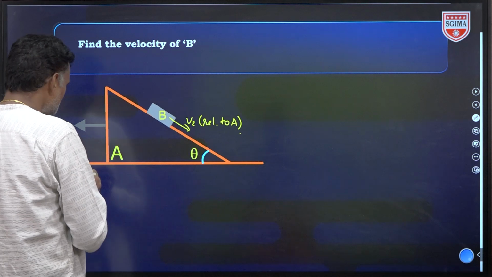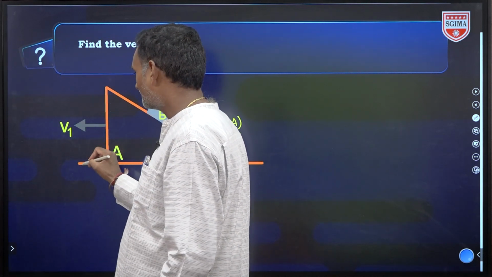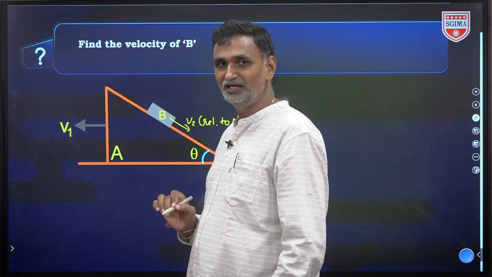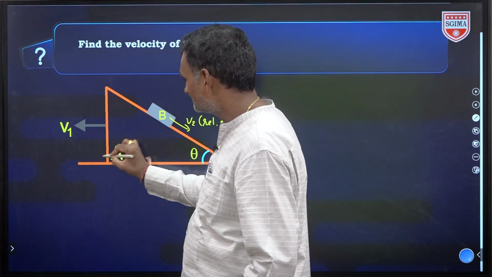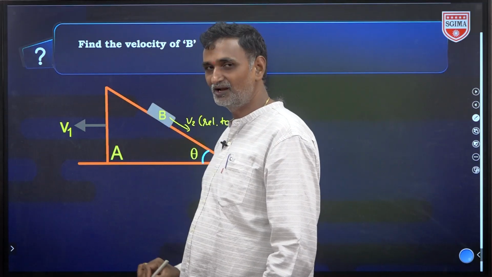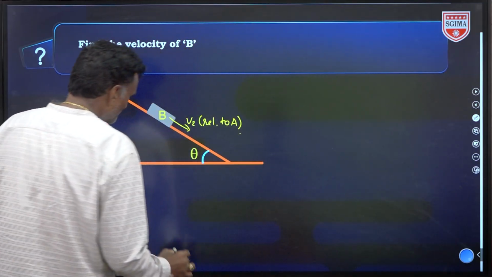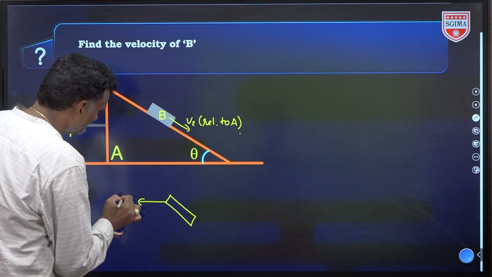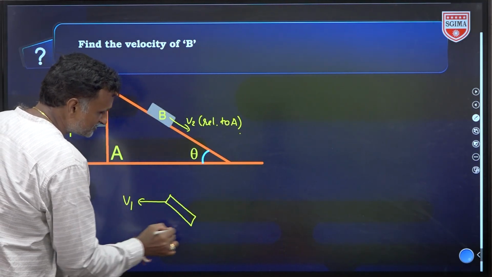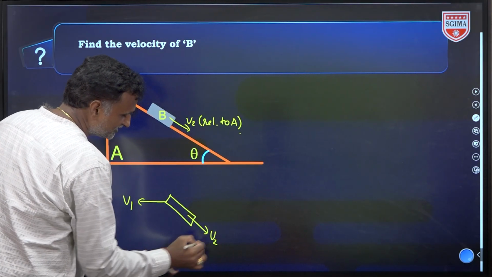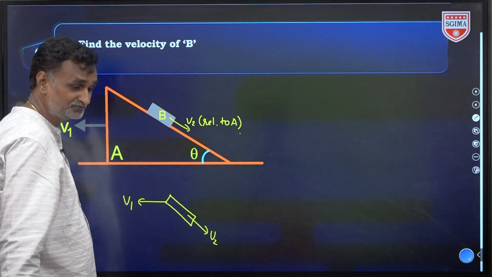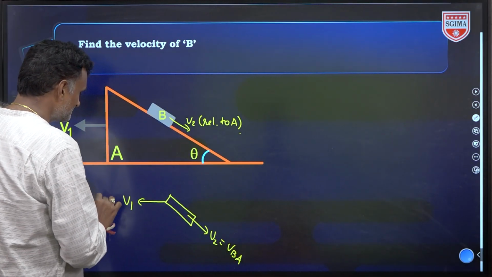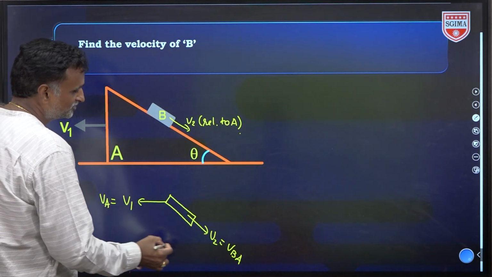Okay? Suppose a person stands on the ground and observes this block, how is it going to move? For the person on the ground, the block should appear like this. I am just drawing this block. The block has velocity V1 to the left since it is on the wedge, and it can slide down with velocity V2 with respect to A. This I can take as VBA. This I can take as VA.